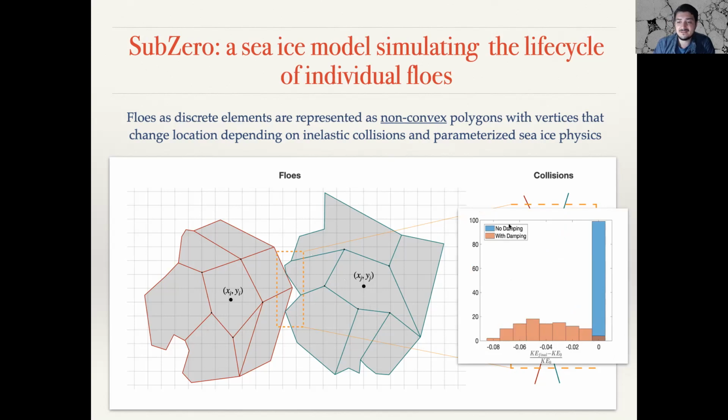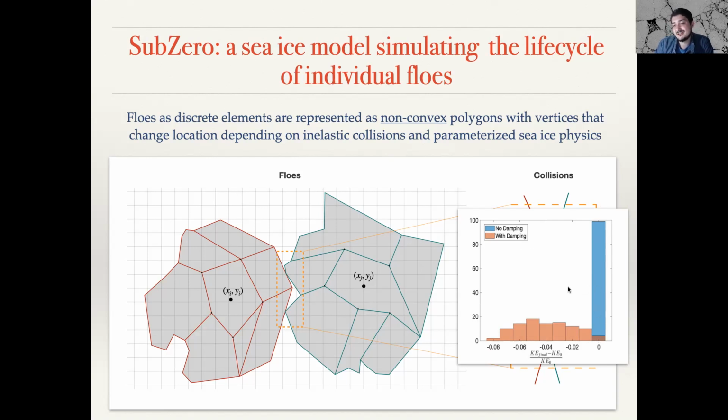I'm talking about kinetic energy, which of course involves translational energy as well as rotational energy. In the case of no damping, meaning there are no tangential forces and no dissipation, it's supposed to be a perfectly elastic collision, and the blue bar over here looks like a delta function around zero, but the error is not perfectly zero. It's about 10 to the minus 3, meaning about a tenth of a percent error. So that means collisions are working.